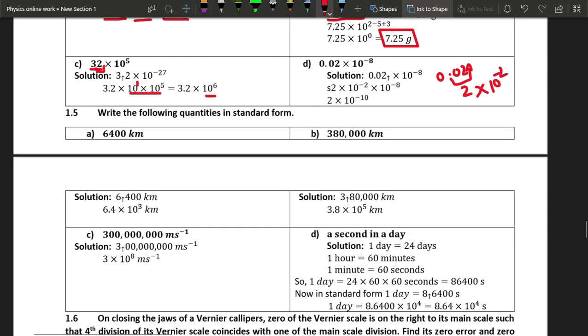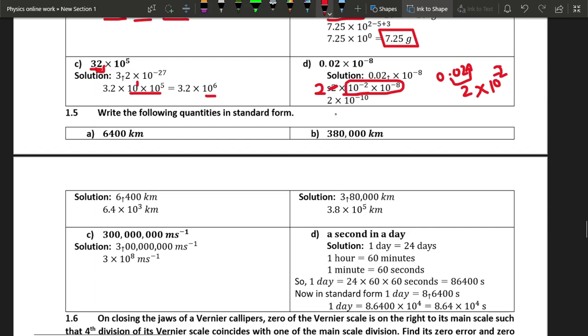Like here you can see, there is a mistake over here, we can just write 2. Now when we solve 10 raised to power minus 2 into 10 raised to power minus 8, minus 2 minus 8 will be minus 10.